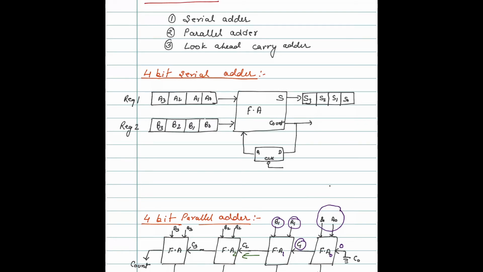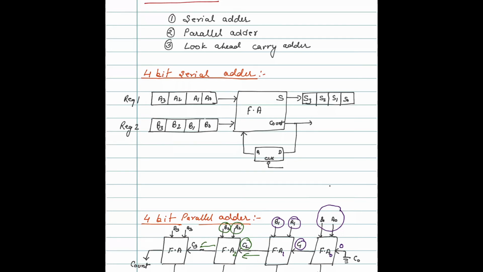This carry and A2 and B2 are XORed, producing S2, and the carry is calculated, which is forwarded to the next adder. So this process goes on.